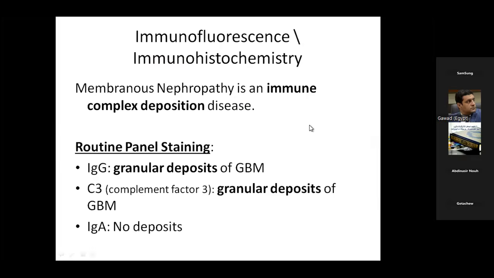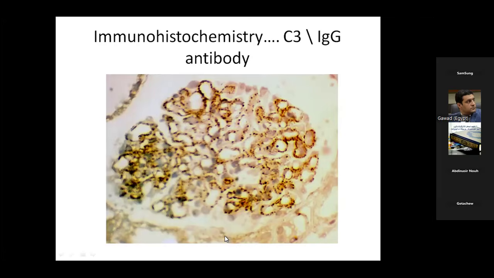So it's an immune complex mediated disease with IgG again, but this time IgG deposit will be granular, and C3 here will be positive, unlike diabetic nephrosclerosis, and the rest of the panel will be negative.